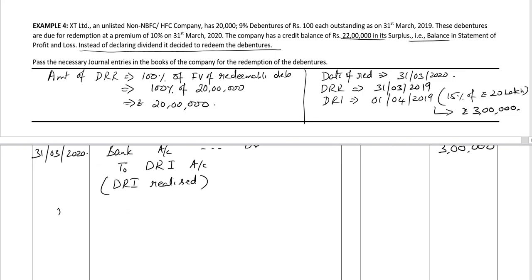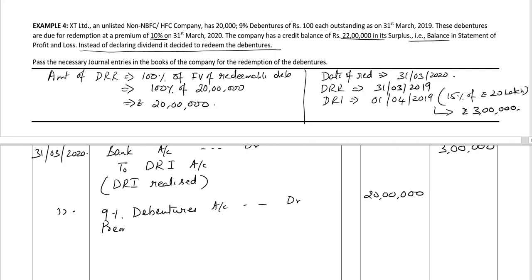Next journal entry, on the same date, we will make the amount due to the debenture holders. Please remember, it is redeemable at a premium of 10%. So it is 9% debentures account debit. The face value 20 lakh rupees.